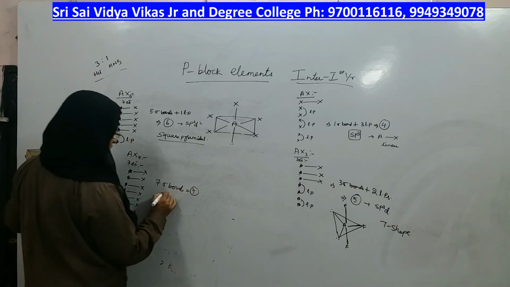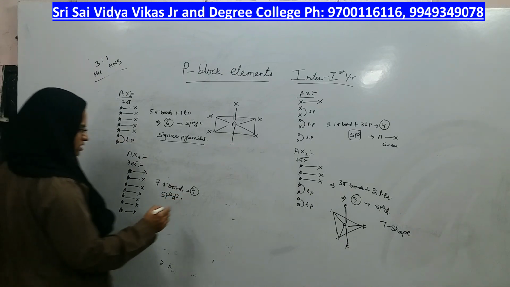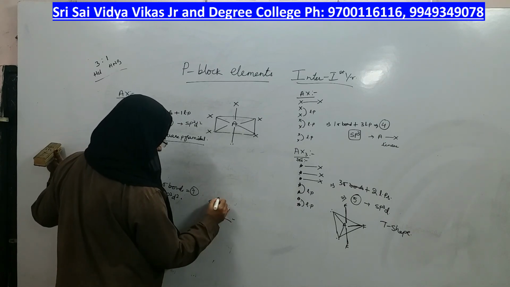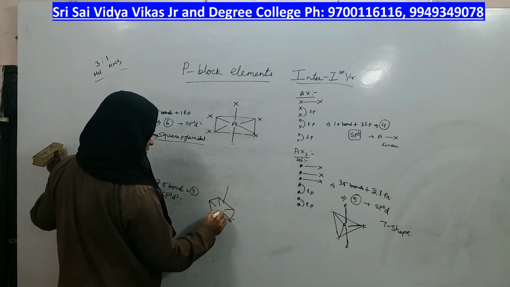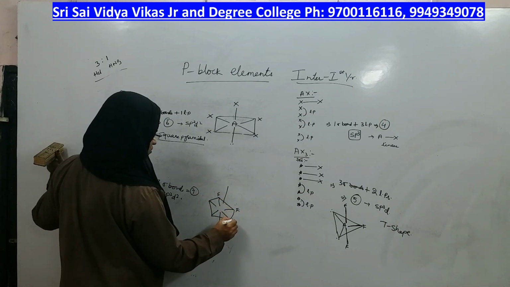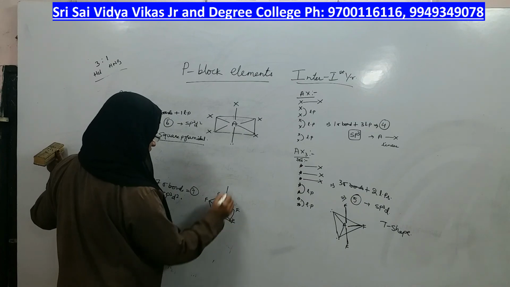What is the hybridization? sp3d3, which means pentagonal bipyramidal. 1, 2, 3, 4, 5, 6, 7.